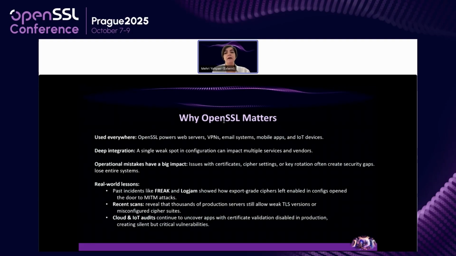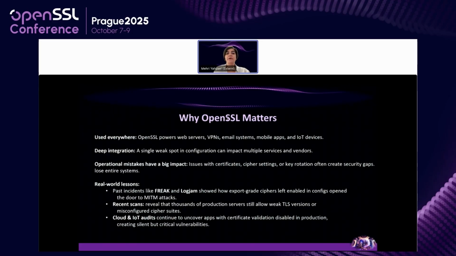Even a single configuration flaw can have cascading effects across multiple systems. We've seen operational issues like certificate mismanagement, weak cipher settings, and key rotation failures resulting in serious vulnerabilities.